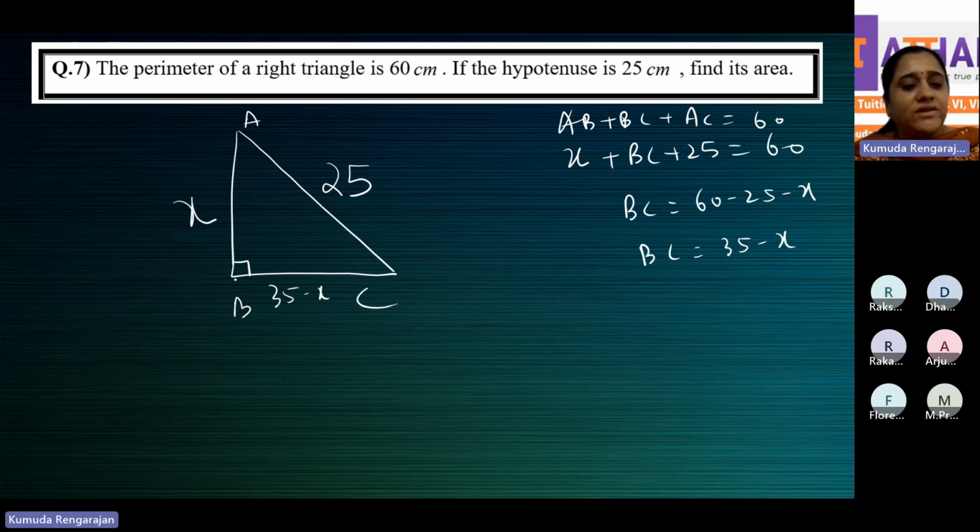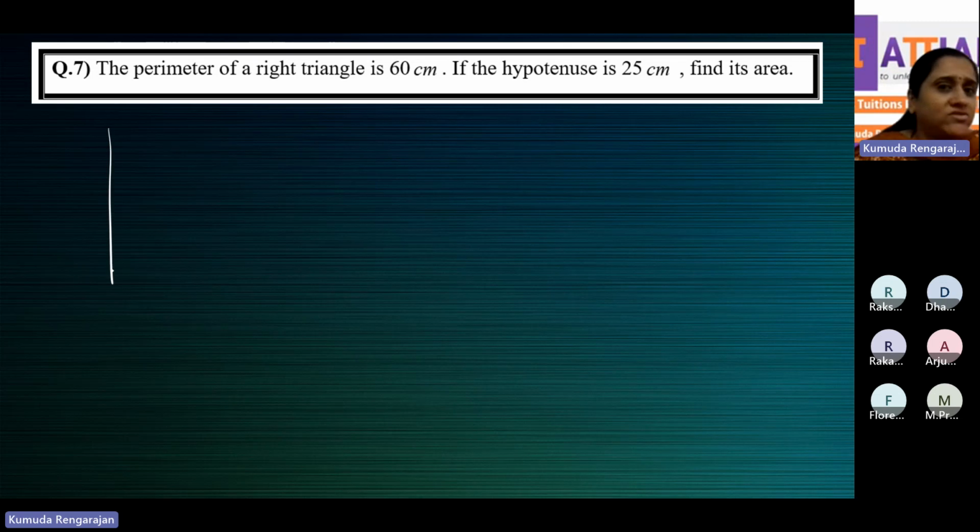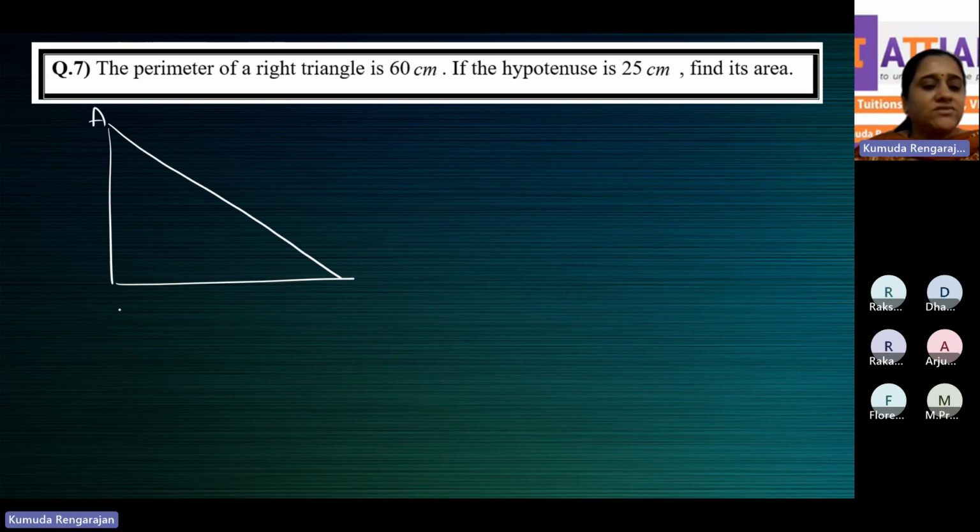You will get X, then find the base and height, and then half base into height is equal to area. You have to use X, children, because it's a quadratic equation. You have to show an equation in X. But I'm just showing you this.